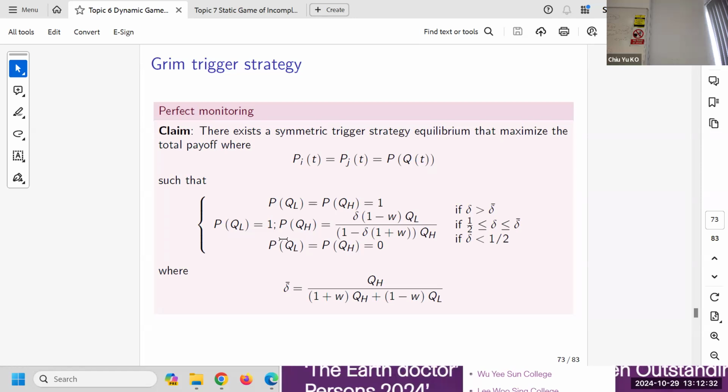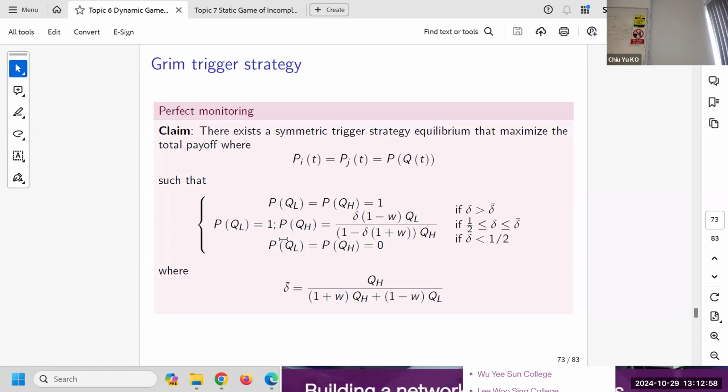If they're patient enough, they can support collusion, because Bertrand in one period should get zero price. There's no marginal cost here, so we just expect that. But, not surprisingly, if they're patient enough, you can see the collusion. They charge a monopoly price. If you're a monopoly, you charge 1.